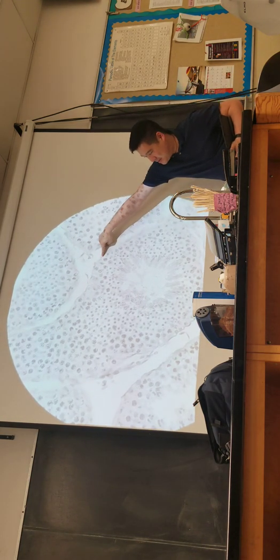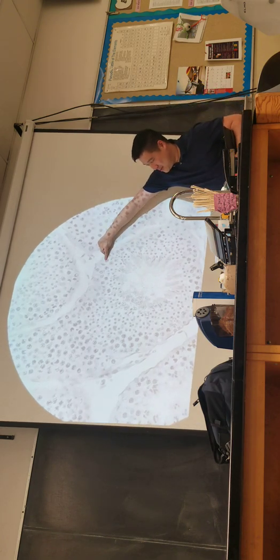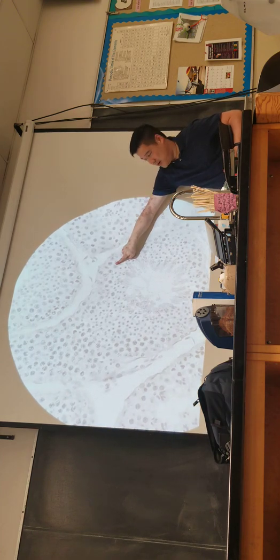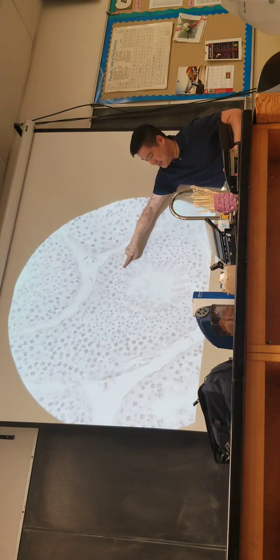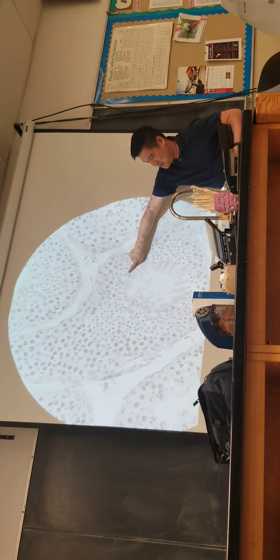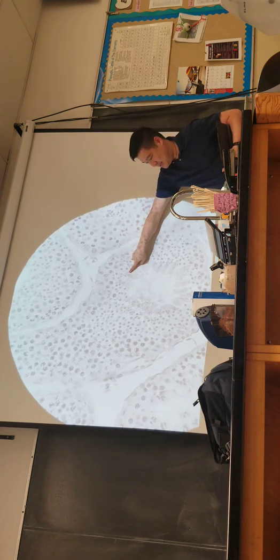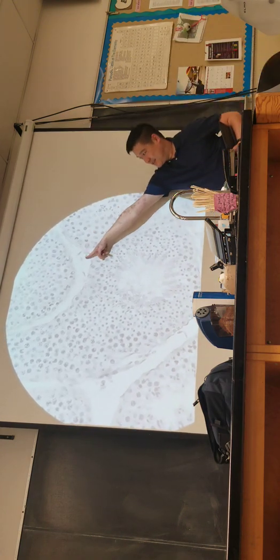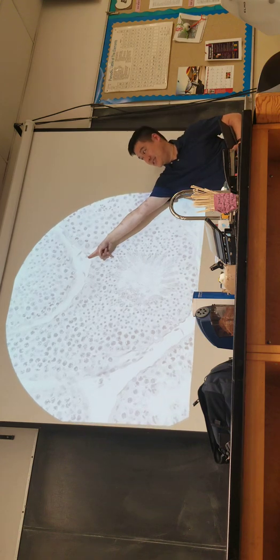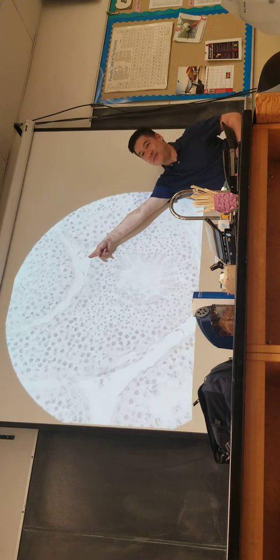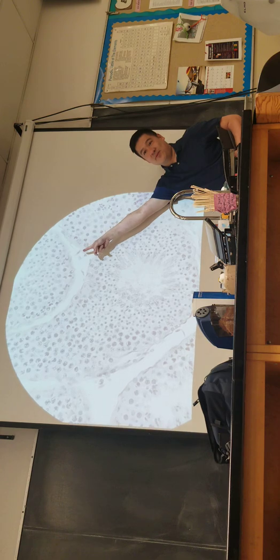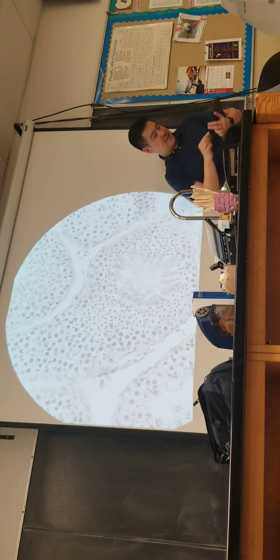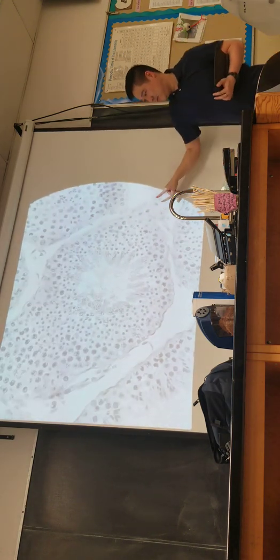On the outside of the seminiferous tubule, spermatogonium, primary spermatocyte, secondary spermatocyte, spermatids, that are maturing to go into the lumen. Interstitial cells. What's one function? Produce testosterone.